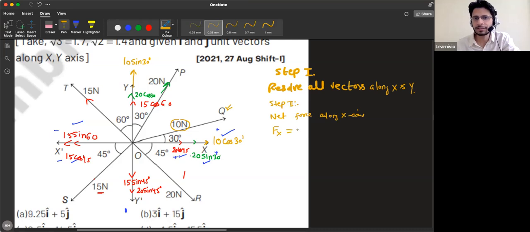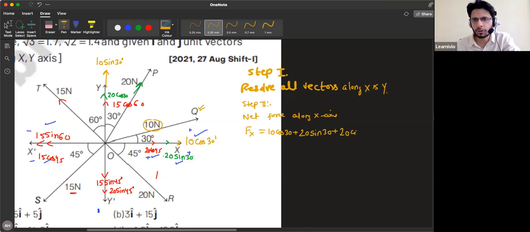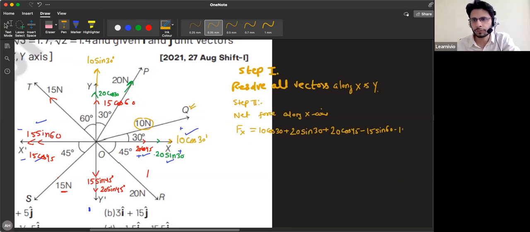So along x-axis, net force would be 10 cos 30 plus 20 sin 30 plus 20 cos 45 minus 15 sin 60 minus 15 cos 45.